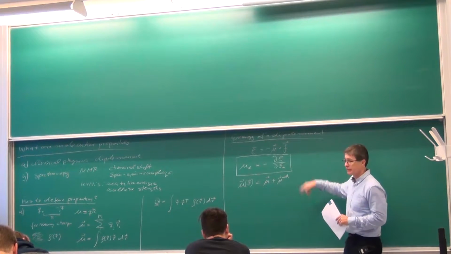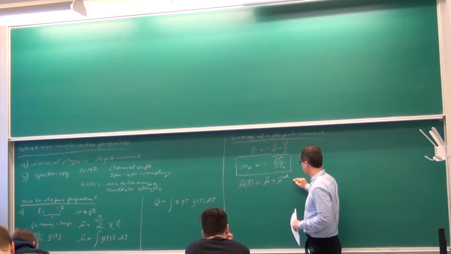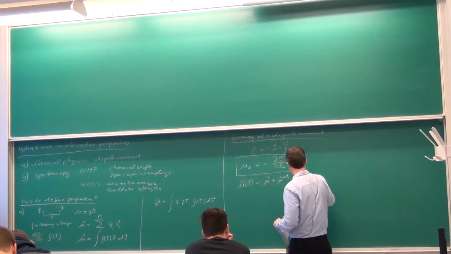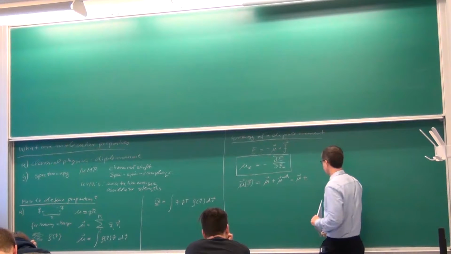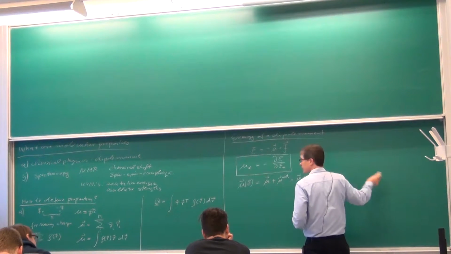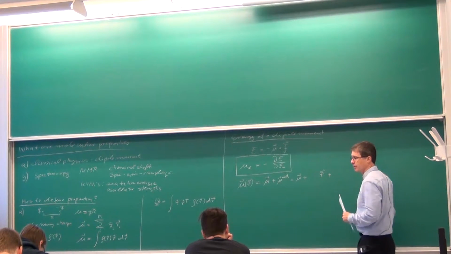Induced due to the presence of the field pulling the charges in different directions. And then normally what one does is expand that induced dipole moment in a power series. So we get a term which is linear in the field, and terms which have quadratic, cubic, higher powers of the field.